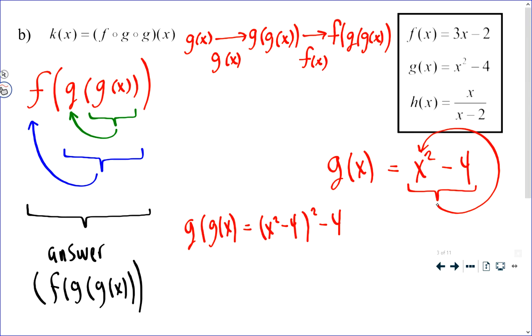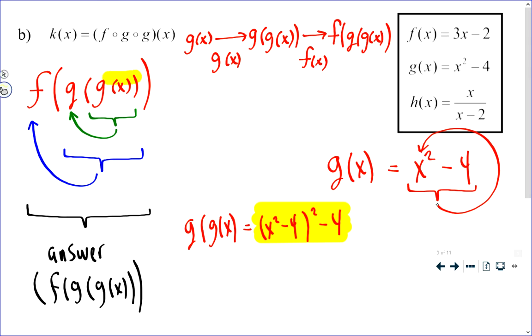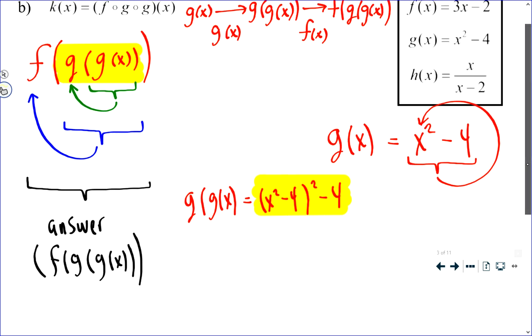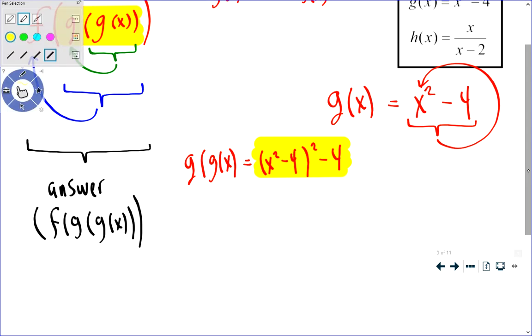That now has to go into f. In other words, everyone, what we have just found, which I am going to highlight, is this. So to find the answer to the problem, we need to find f of that whole thing.